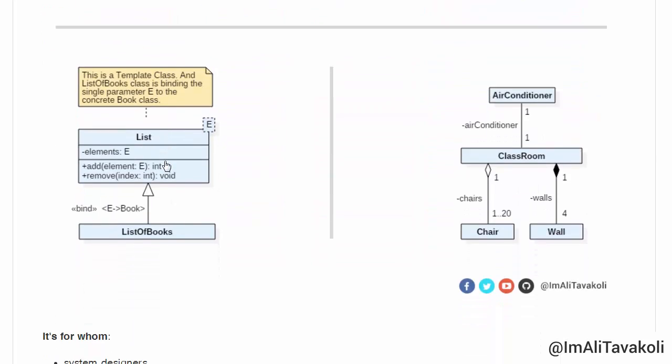Okay, let's take a look at our next class diagram example. The List class is a template class. Why? Because it has a parameterized type E. The List class is going to list some elements. What kind of elements? We don't know yet.